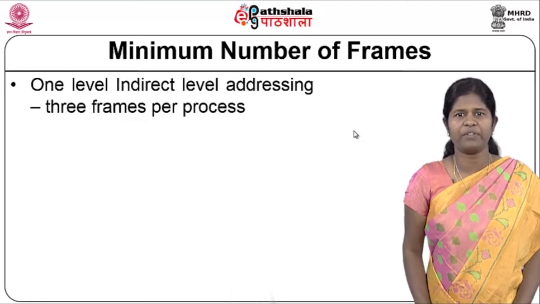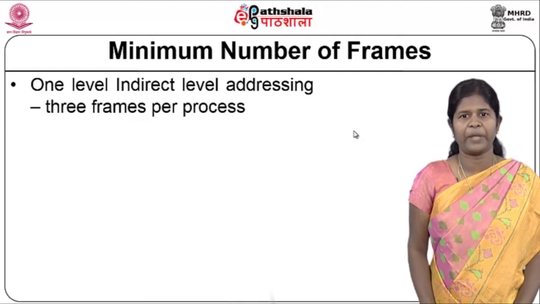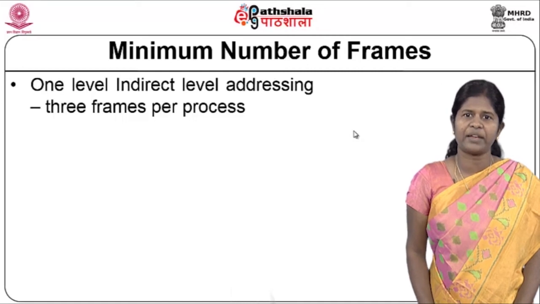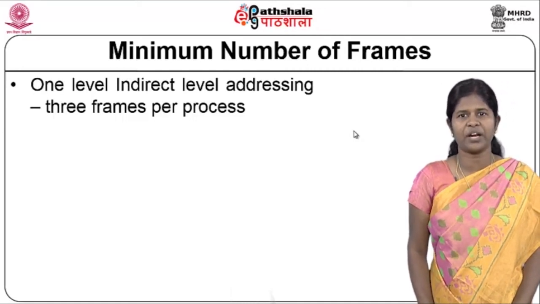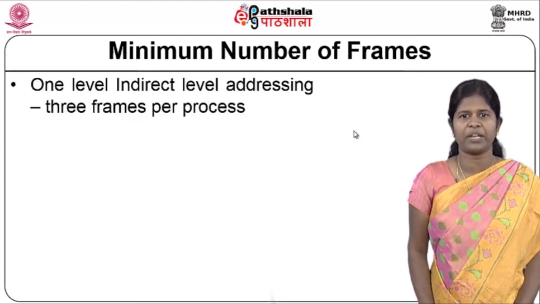The instruction will be present in one page, and that will refer to a memory address present in another page, and that in turn will refer to a page where you have the exact memory location.